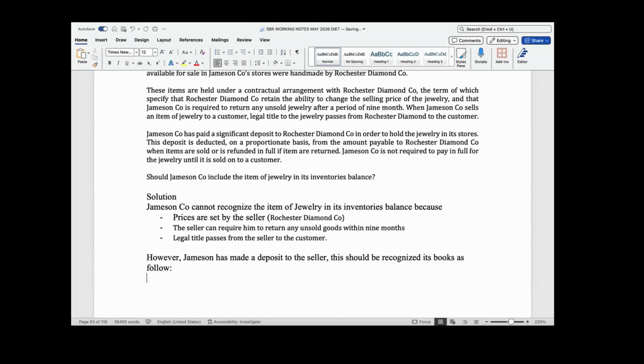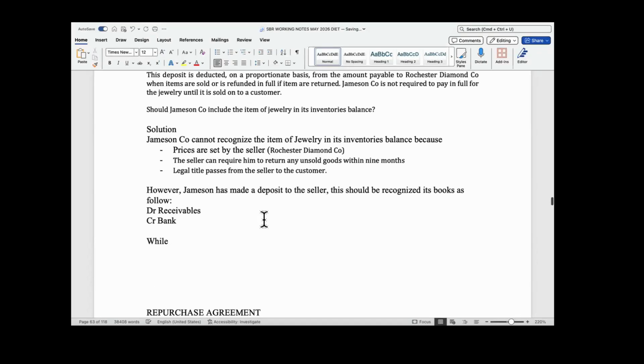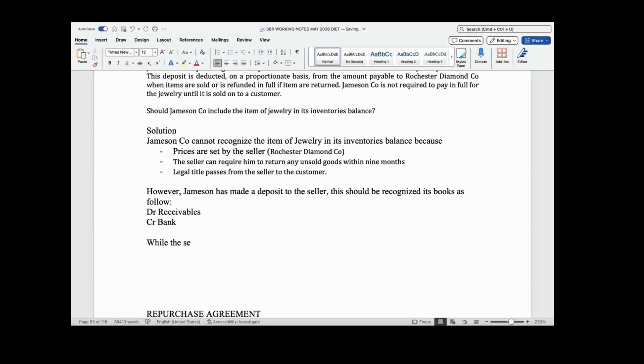You would debit a receivable account and credit bank. You cannot debit purchases because they didn't buy, while the seller cannot recognize revenue.